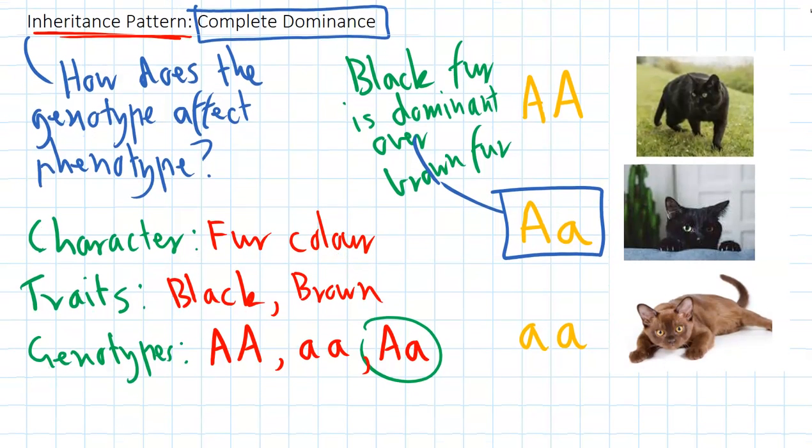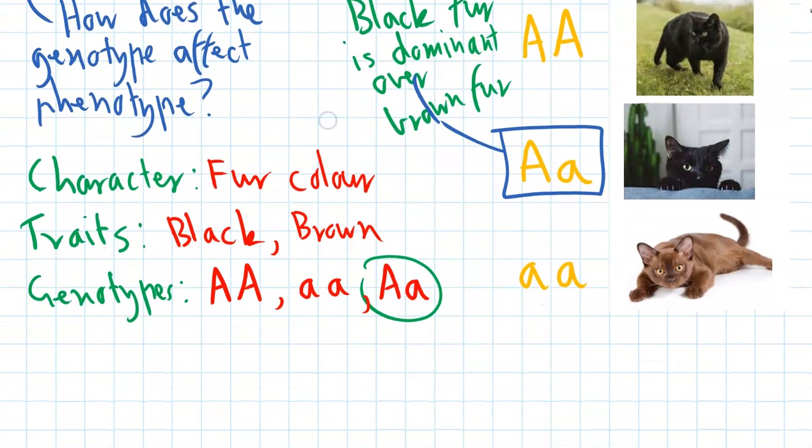So in complete dominance, we're always looking for the heterozygous individual, and that lets us tell which of the phenotypes is dominant and which one is not dominant, which we call recessive.